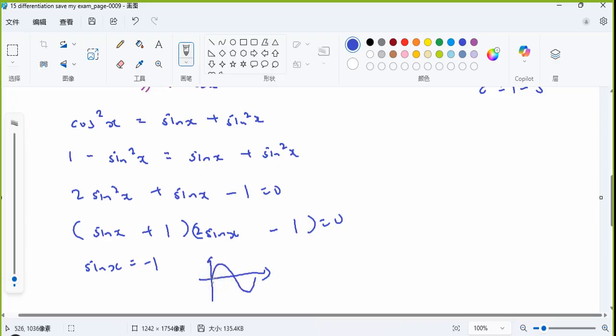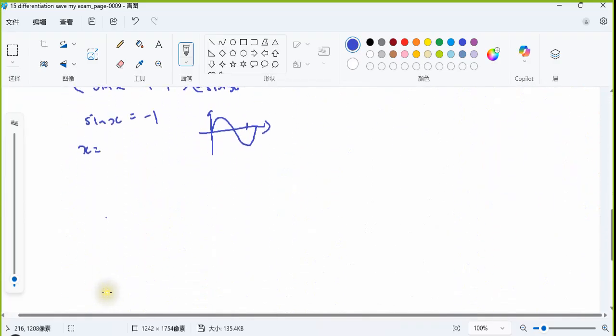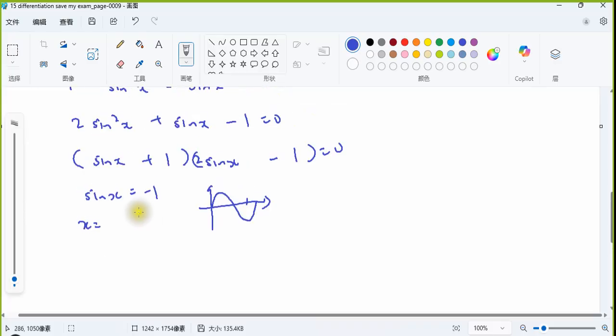The graph of sine is this. Then x will be, in terms of pi, 3 pi over 2, rejected, because x is between 0 and pi. This is 1.5 pi, so this one has to be rejected.